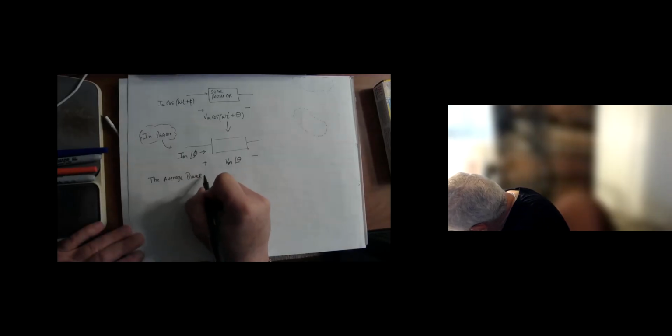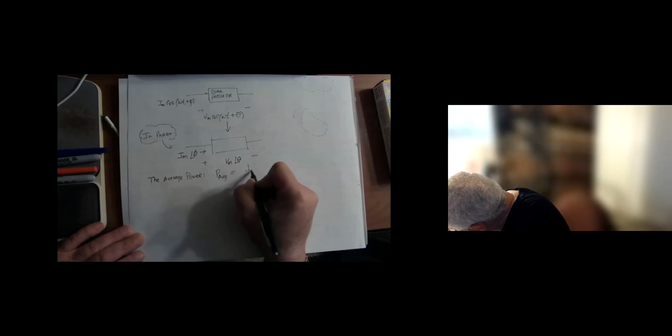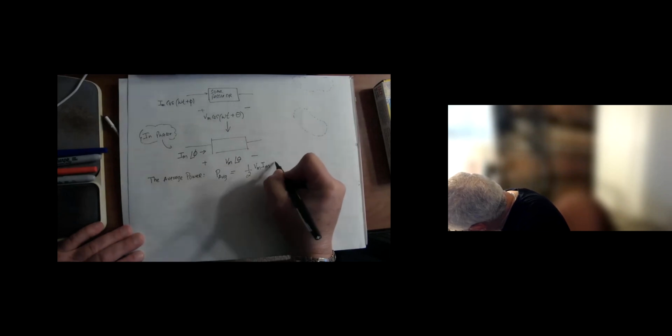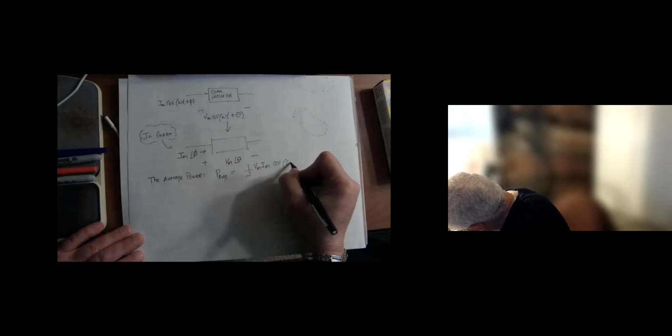And then we proceeded to define the most important power calculation, the average power. Some people call it the real power. The average power is one half the magnitude of the voltage, times the magnitude of the current, times cosine of the angle of the voltage minus that of the current.